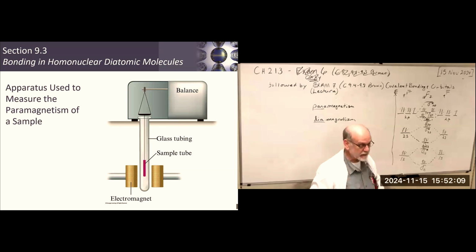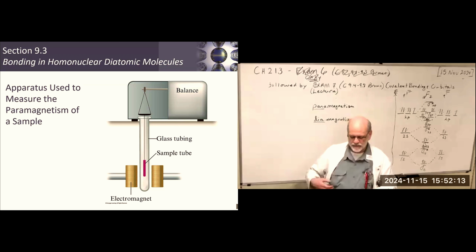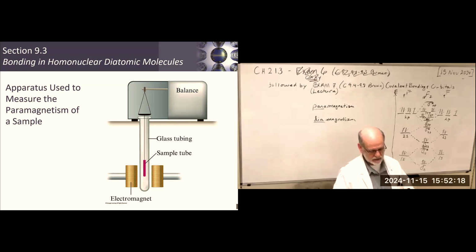All right. It can be measured. So this is a diagram of the type of situation you would have, a balance that can measure, and you lower your sample into a magnetic field and then measure whether it's repelled or attracted using a balance. It probably doesn't look exactly like that, but that's the idea.